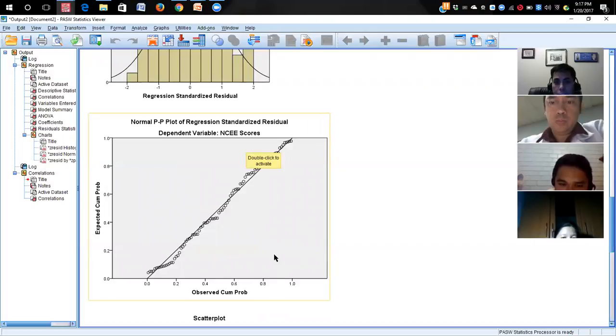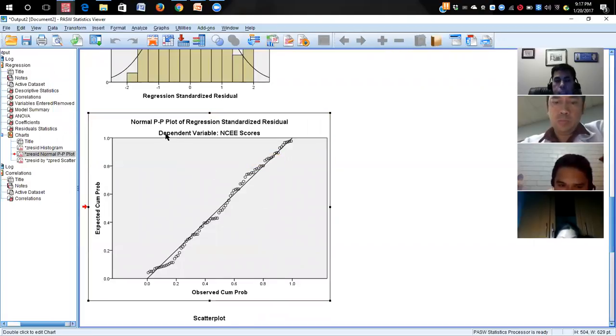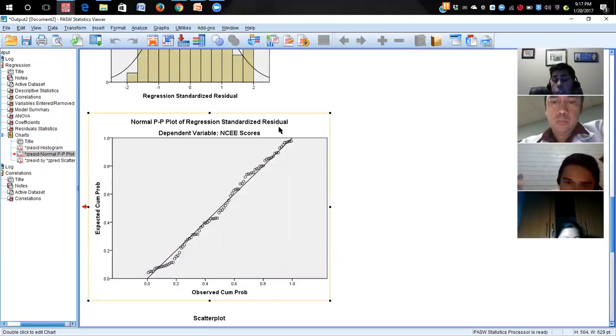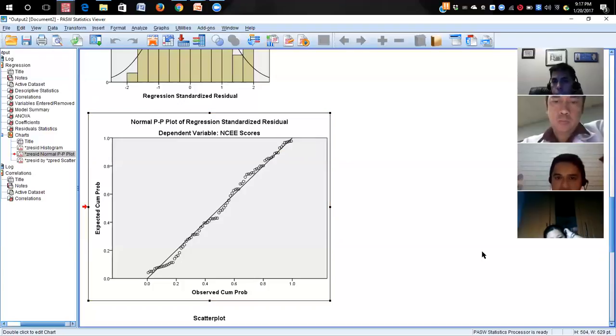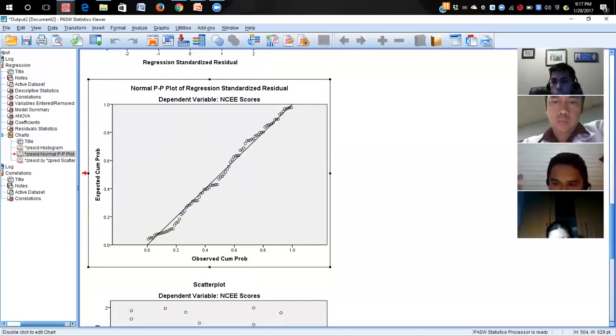If you look at the P-P plot, the probability plot or percent-to-percent plot, of all the standardized residuals of your dependent variable, this is one of the things that we told SPSS to do: the Z of the predicted values and the Z of the residuals, where Z means standardized.